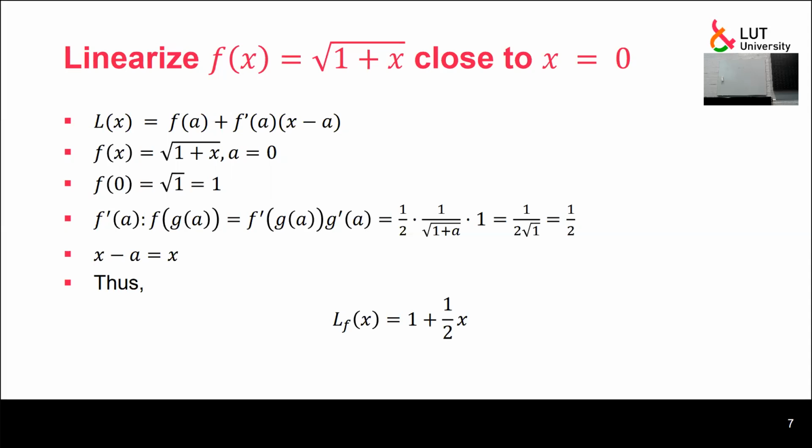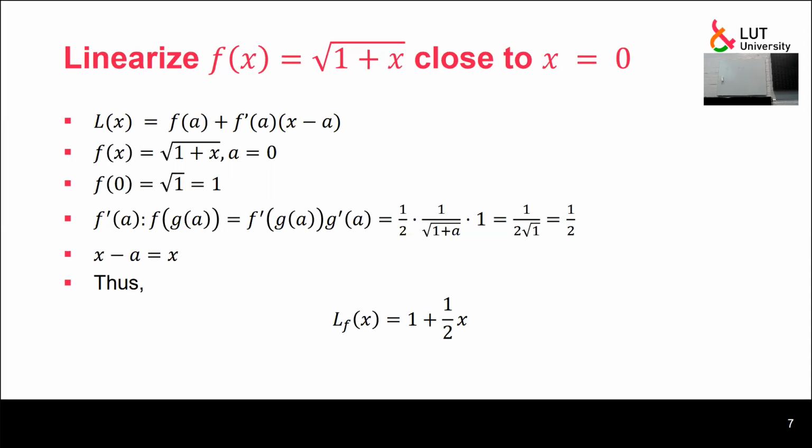So the slope, where we are going to now need the chain rule, which is down there for you. So f dash is half times 1 over square root. Put the inner function in it, 1 plus a is over there, times the derivative of a, which is just 1.